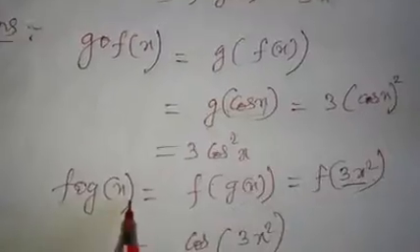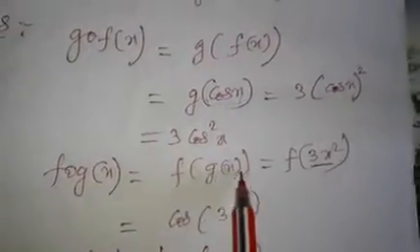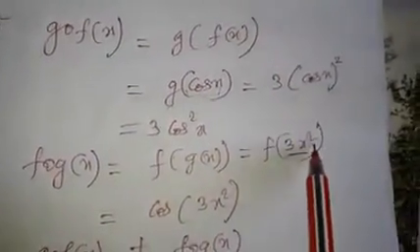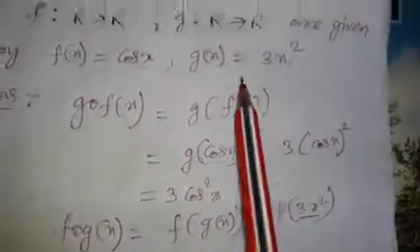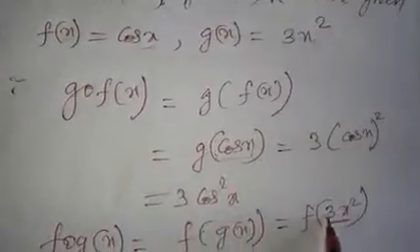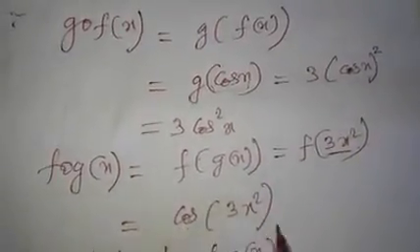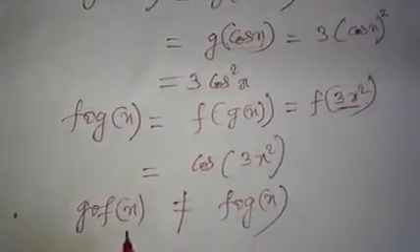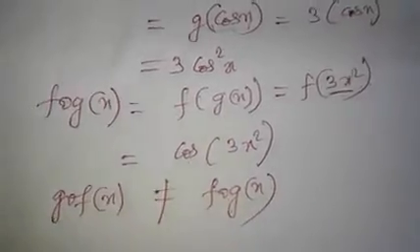So f o g of x is equal to f of g of x. In the place of g of x you have to put 3x square, so here in the place of x you put 3x square, that is cos of 3x square. That means g o f of x is not equal to f o g of x.